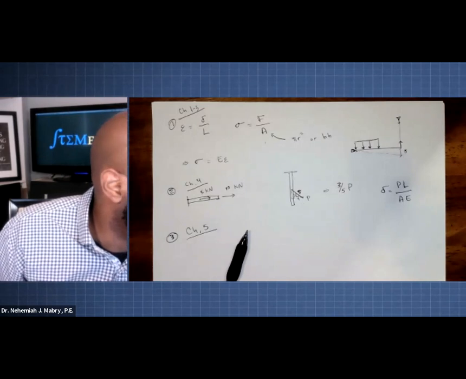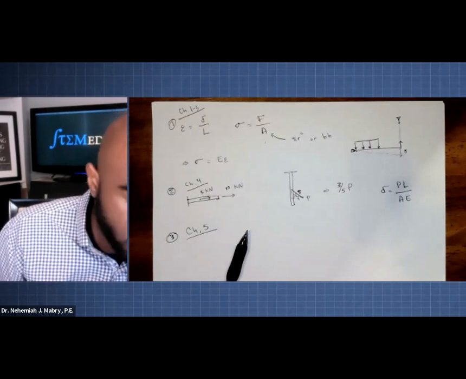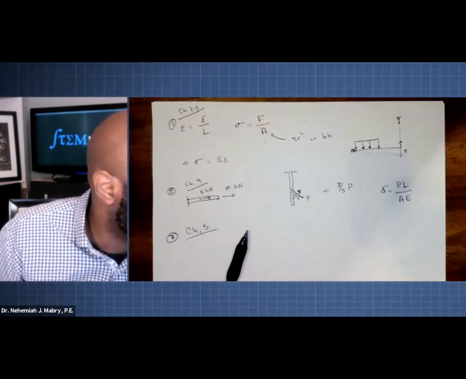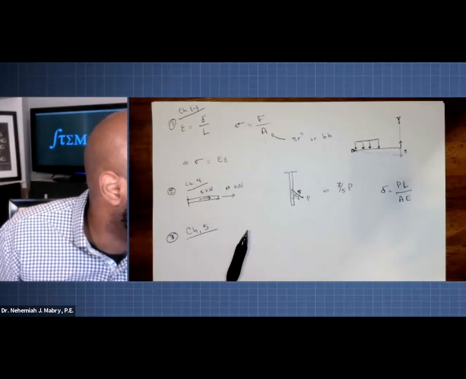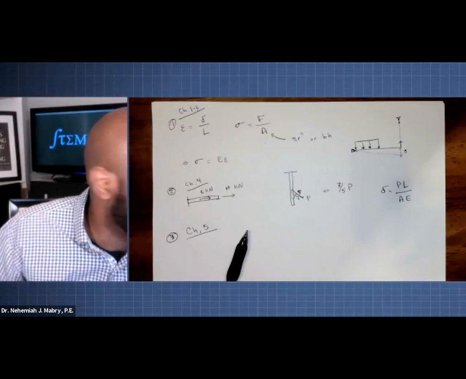What we need to do in this case is just remember that a bar could be going in any direction. If I can draw something for you. Right, so a bar could be going in any direction.